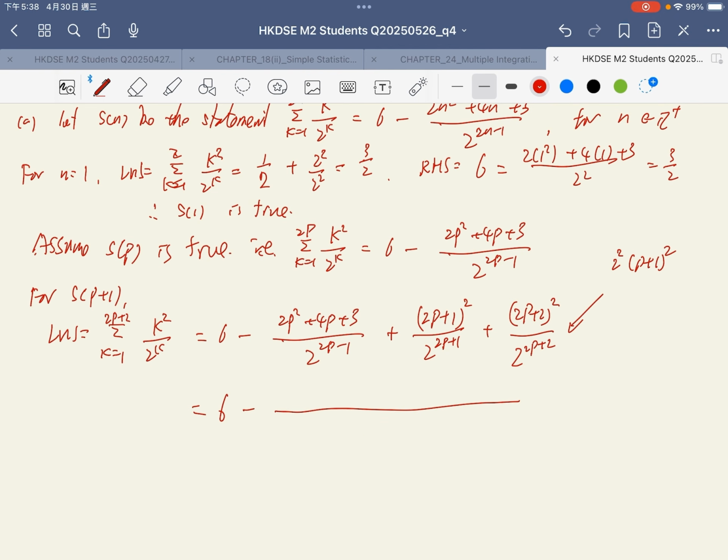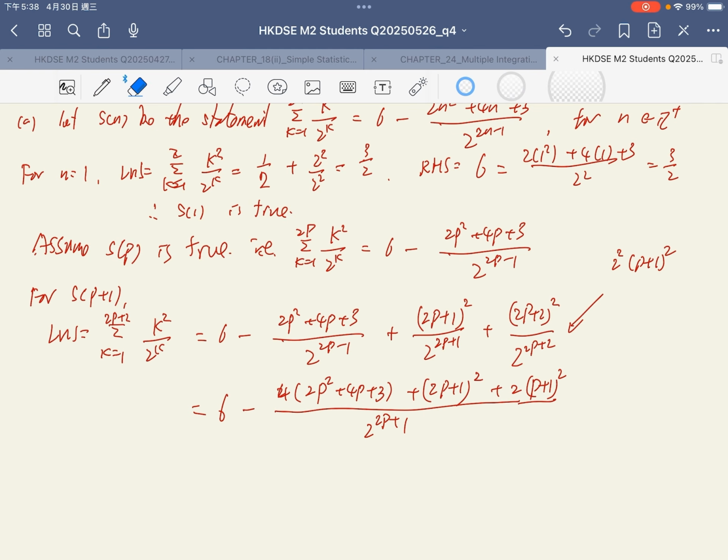Therefore, the common denominator is 2 to the power 2p plus 1. The first one I have to multiply by 4. The second one keeps unchanged. The third one has cancelled, and only 2 times p plus 1 all squared. That is the main thing here.